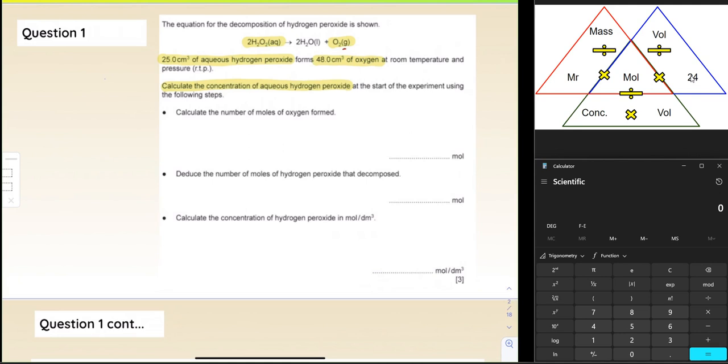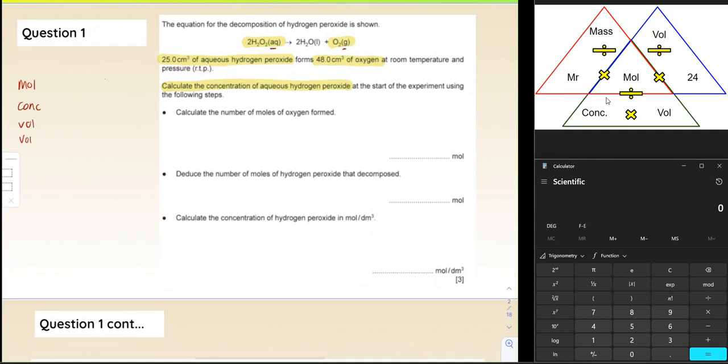You also know that it's given you the volume of an aqueous solution, so you know you must be in this mol conc vol here. So we know we need mol, conc, and vol in our table, and we also need the volume.